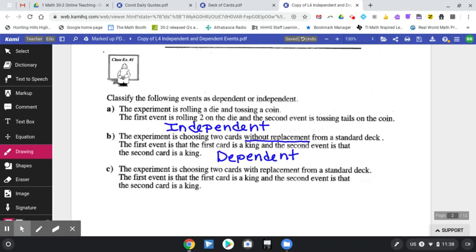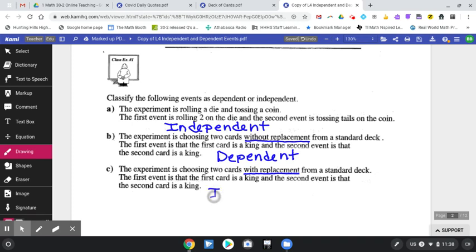And with C, the experiment is choosing 2 cards with replacement from a standard deck. So with replacement, they take one card, they look at it, they put it back in the deck. The first event is that the first card is a king, and the second event is that the second card is a king.